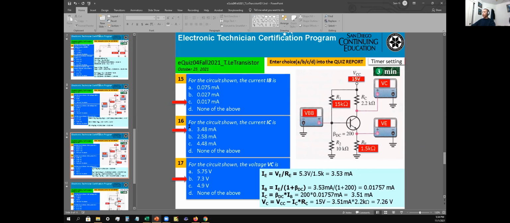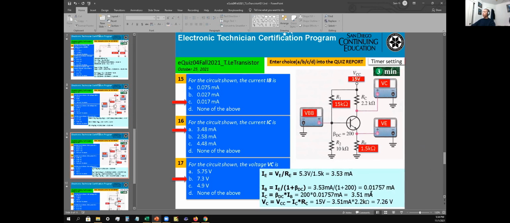Okay, for number 16, for the circuit showing the current IC, IC should be approximately equal to your IE. If you do the calculation, you can take the beta times IB. We got the IB here, multiply again by beta. In this case, the beta is 200 right here in your circuit.